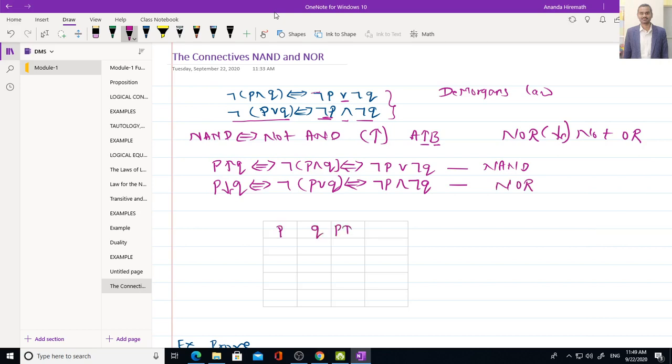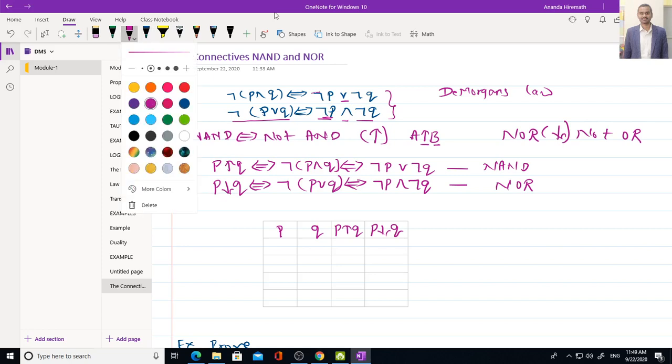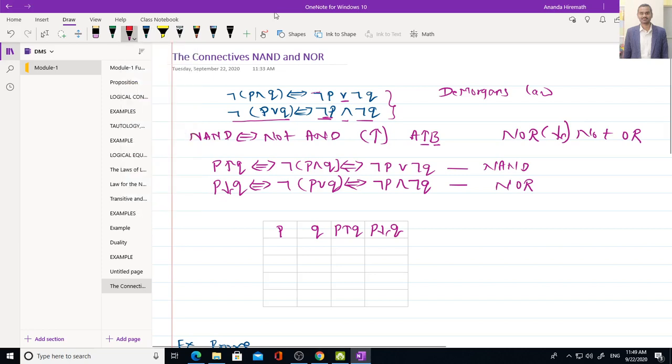Now let me take the truth table for P, Q, then P NAND Q, P NOR Q. If I take 0, 0, 1, 1, 0, 1, 0, 1 as the inputs, then NAND is nothing but not and.